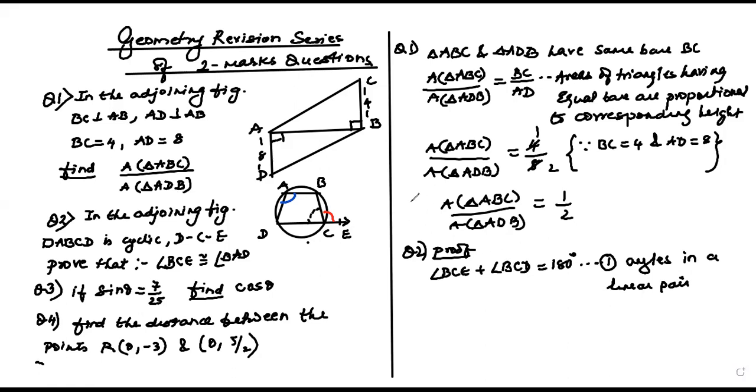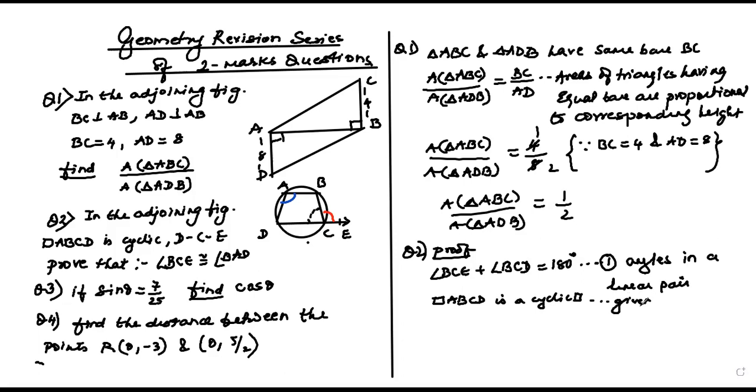Children, now you can see here your angle BCE got involved: BCE plus BCD equals 180. Now I want to involve angle BAD. I can involve BAD in a property because this is a cyclic quadrilateral, and in a cyclic quadrilateral opposite angles are supplementary. So I will write: quadrilateral ABCD is a cyclic quadrilateral. Then only I can use its property, as it's given to us.